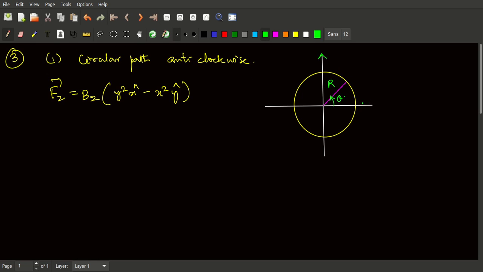Since we are doing it in the circular path, the best coordinate system to use is the polar coordinate system. By using the polar coordinate system, the problem will simplify. So how will you take it into the polar coordinate system?